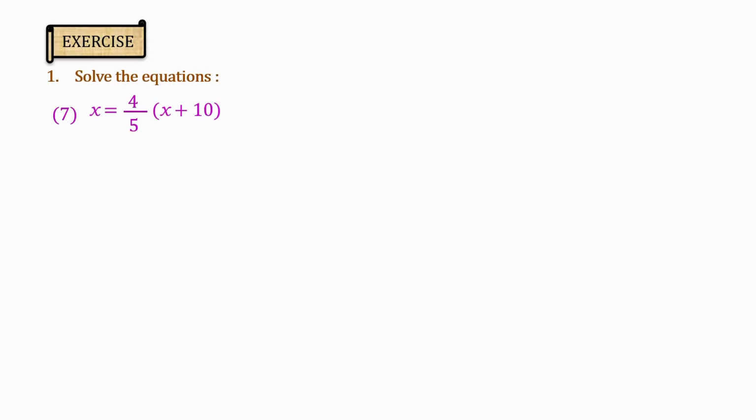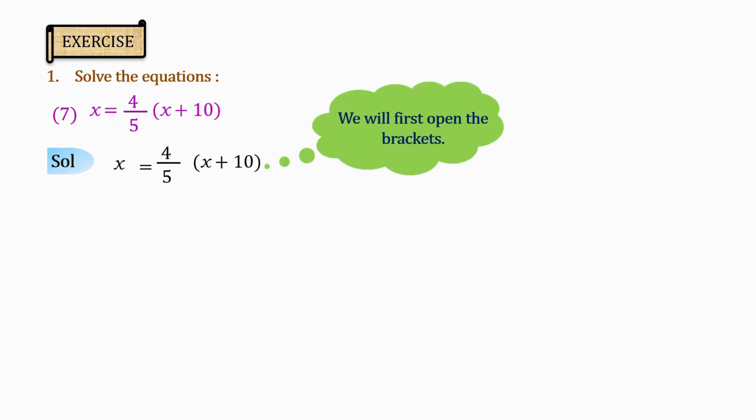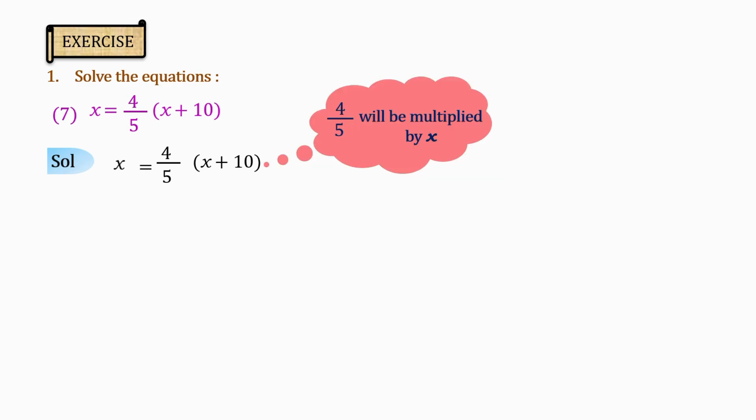Now x equal to 4 by 5 within bracket x plus 10. So first we are going to open the brackets and 4 by 5 will be multiplied by x and then 4 by 5 will be multiplied by 10.